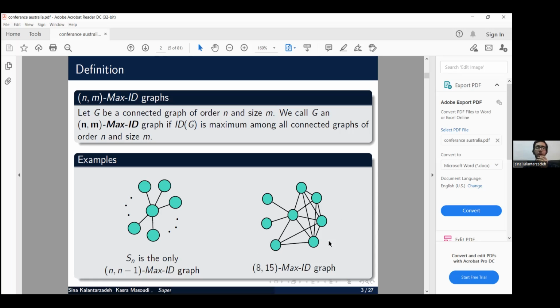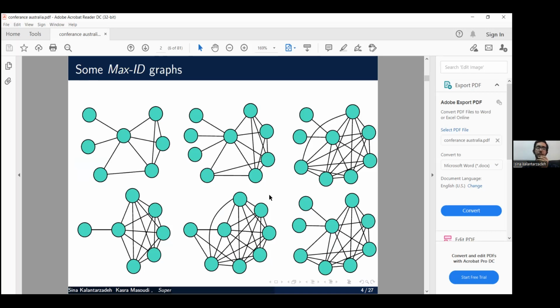Here are more examples. If you look more closely, you can see that these graphs have a special structure, and they may have some common features.